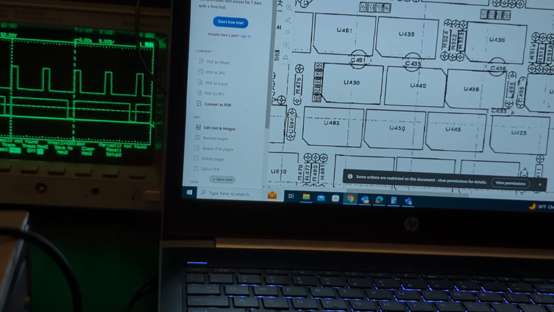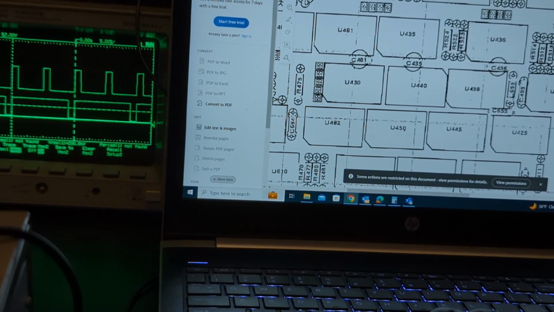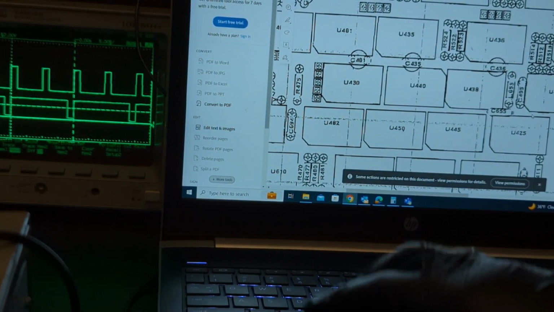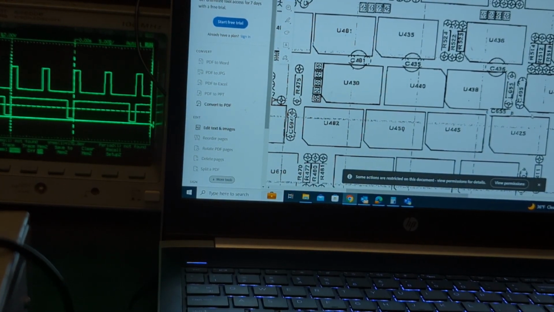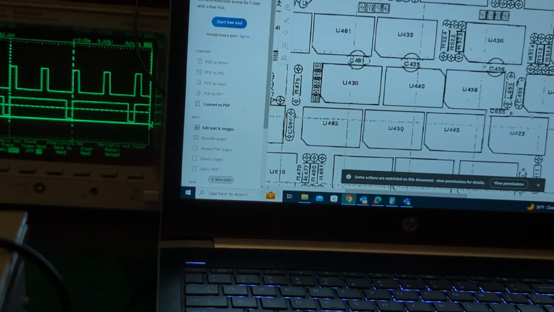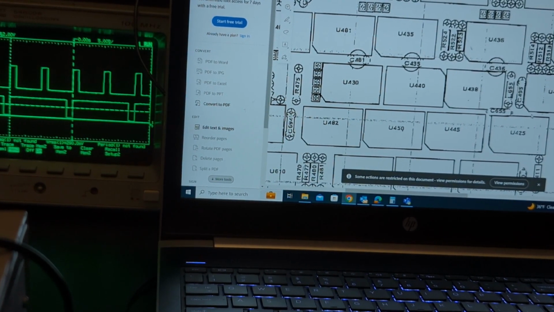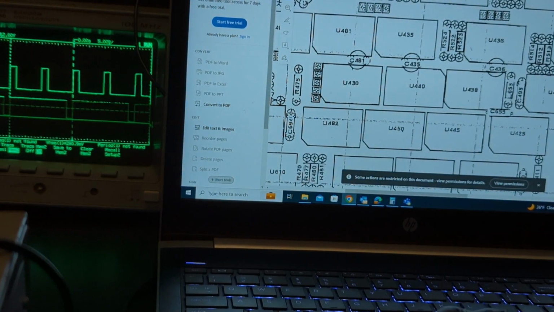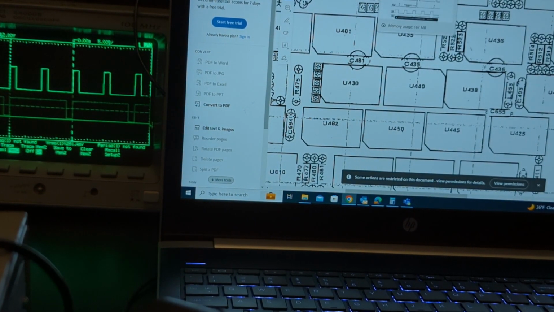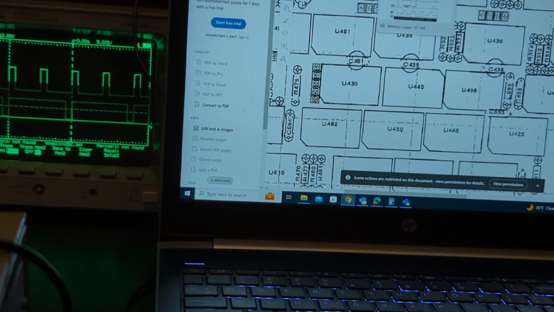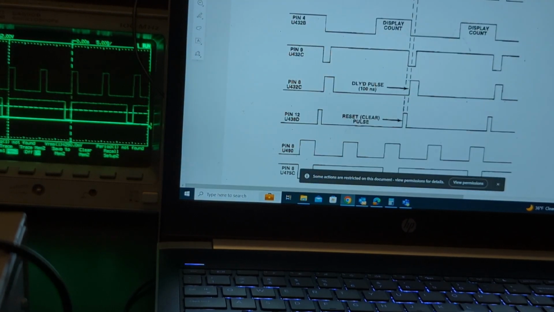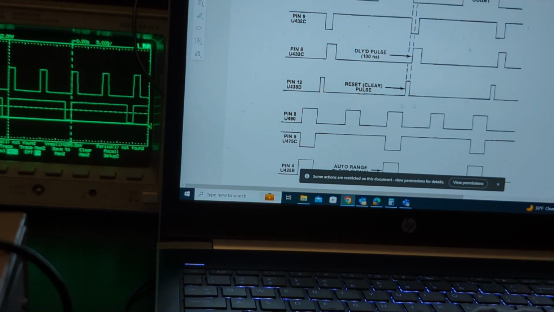Alright, so that's a problem. Yeah, I'm definitely probing it. So, I don't know. Alright, well, we'll notate that. This does not match up, U438D.